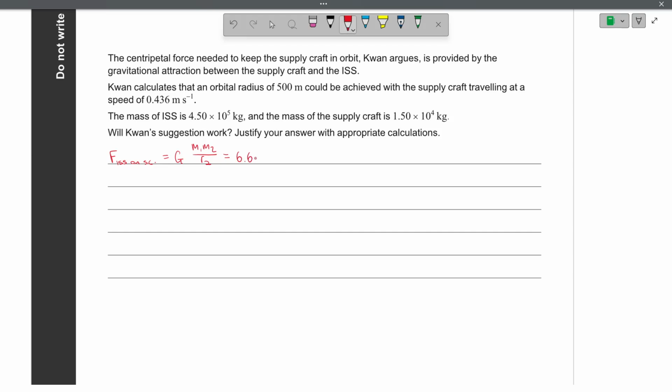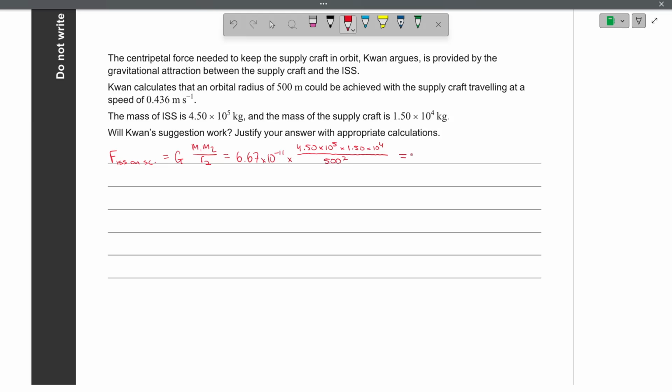G is 6.67 times 10 to the negative 11. M1 is the mass of ISS, let's say, so 4.5 times 10 to the 5. M2 is the mass of the supply craft, 1.5 times 10 to the 4, and that is over the distance squared, which is 500 meters squared.